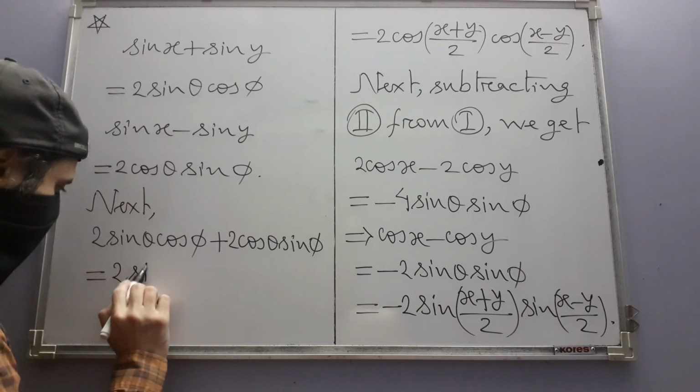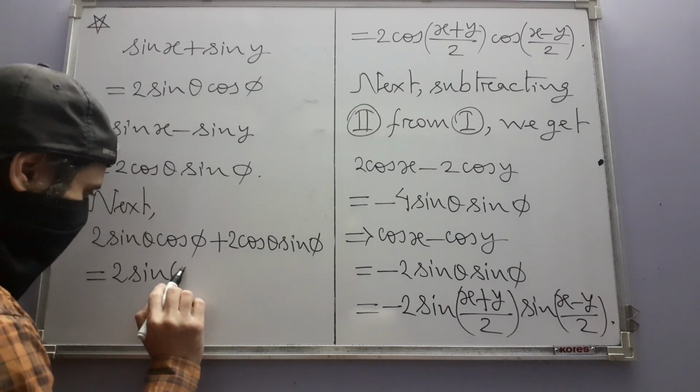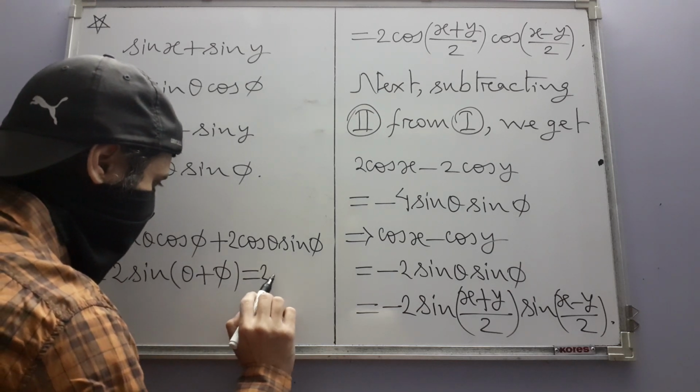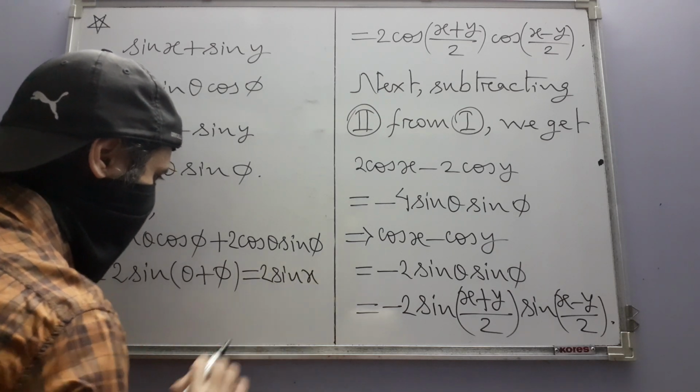So 2 times sin of theta plus phi, and this is 2 sin x.